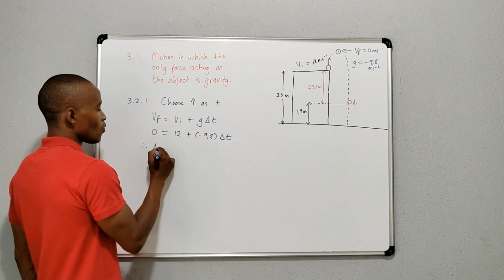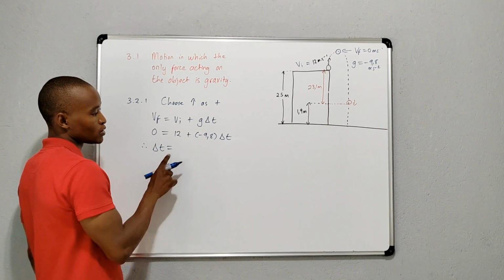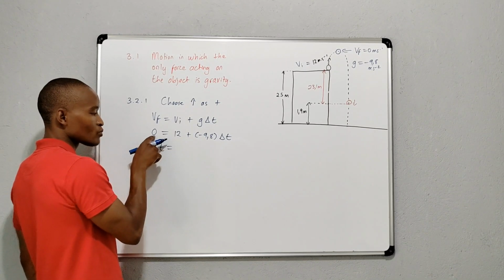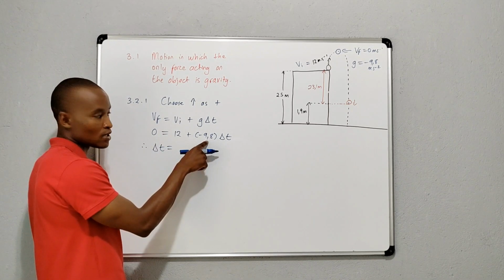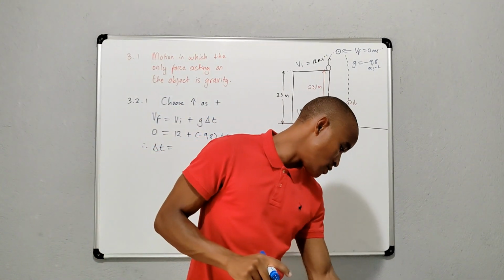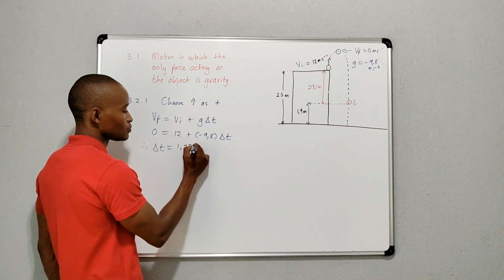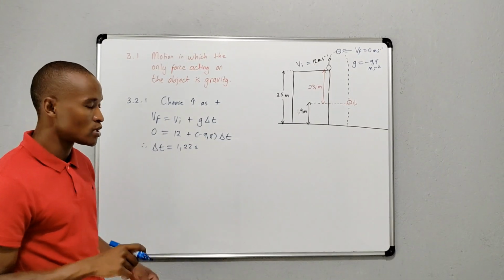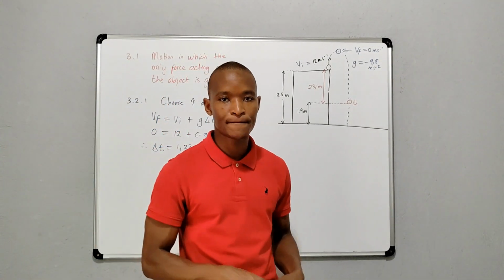What is the time taken for this motion, with an initial velocity of 12 meters per second, ending up stopping momentarily at the maximum height, experiencing this gravitational acceleration downwards? The answer that you get there is 1.22 seconds. So it takes 1.22 seconds for the ball to reach the maximum height.